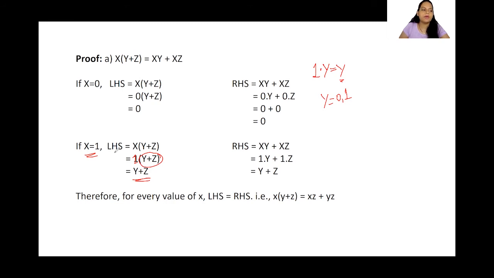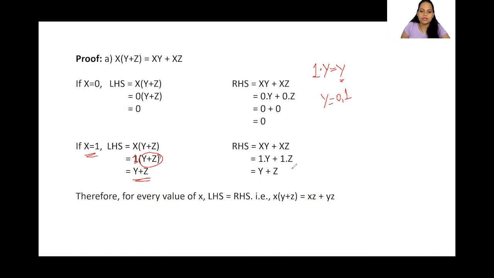I'm substituting the value of 1 here. Let's go ahead and prove the right hand side. Let's take the right hand side, which is xy plus xz. Now let me substitute the value of x here, which is equals to 1. It becomes 1 into y and 1 into z.